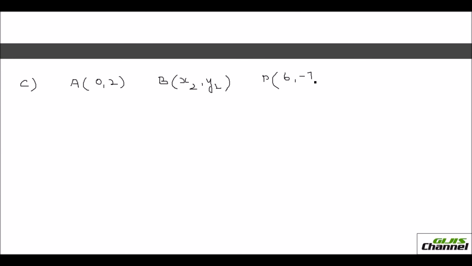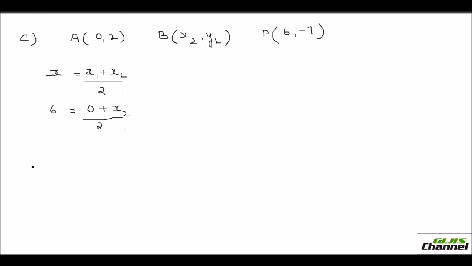Let us see how we use the formula method to do it. So you know x is equal to x1 plus x2 over 2, right? So let me substitute the values I know. The x is given as the midpoint's x coordinate, which is 6, and x1 is given as 0 plus x2, which is what you need to find out, divided by 2.